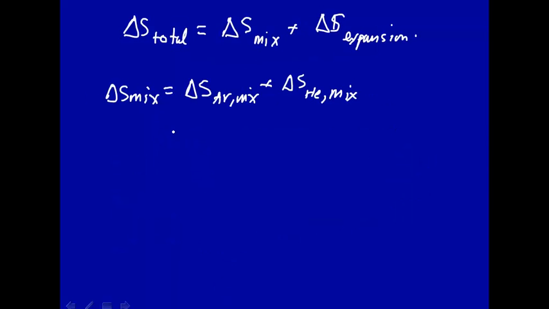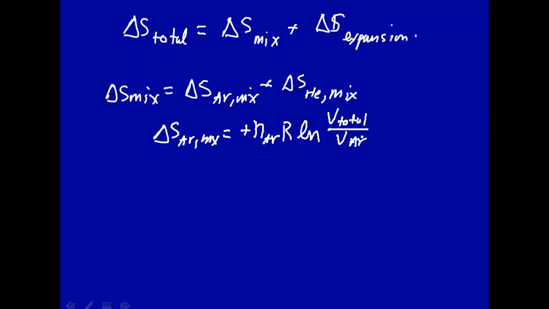So delta S for argon mixing will be equal to plus the number of moles of argon times R times the natural log of the total volume divided by the volume occupied by argon.